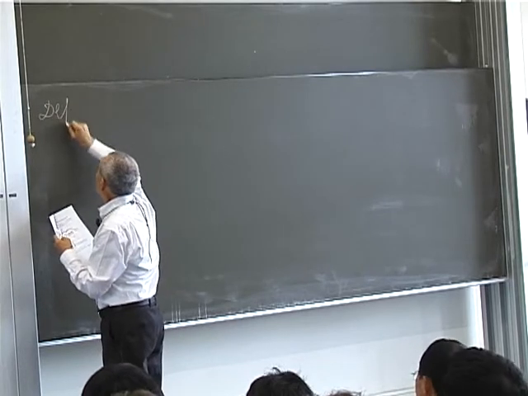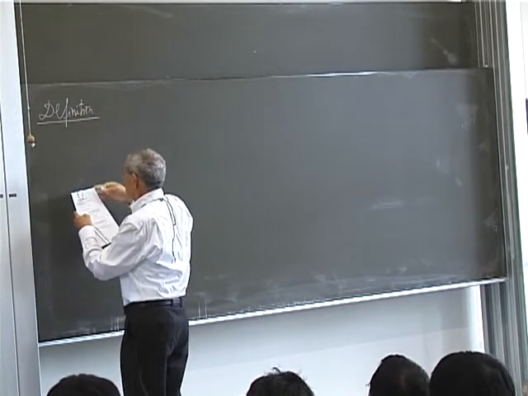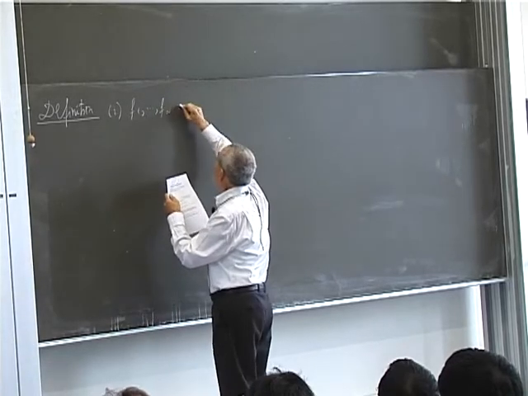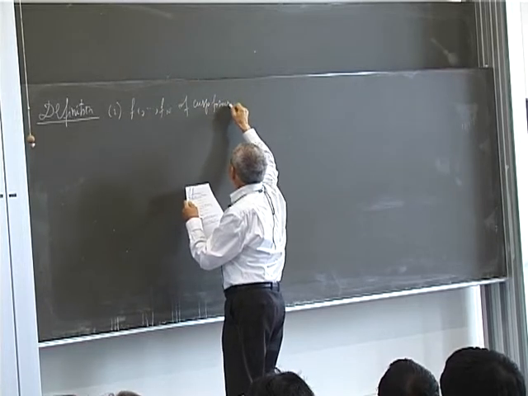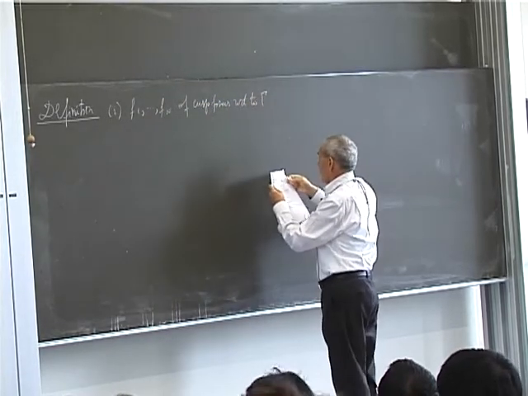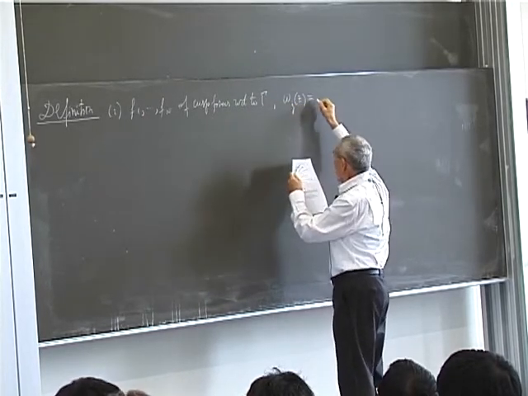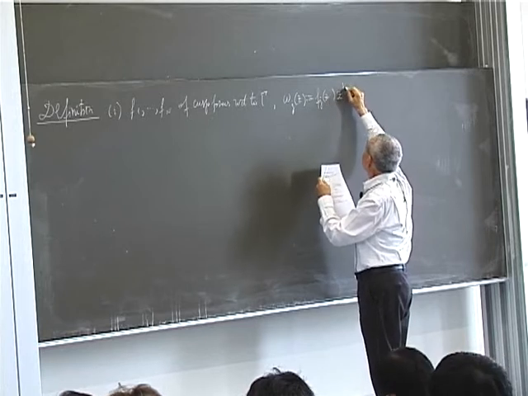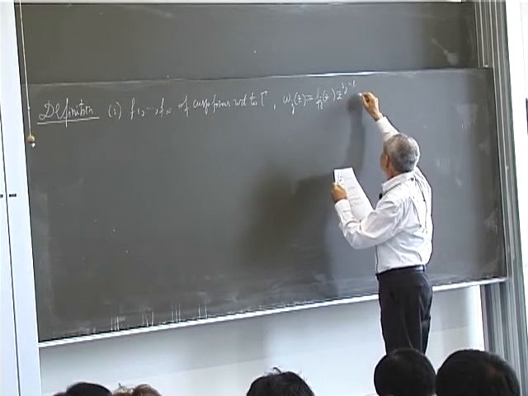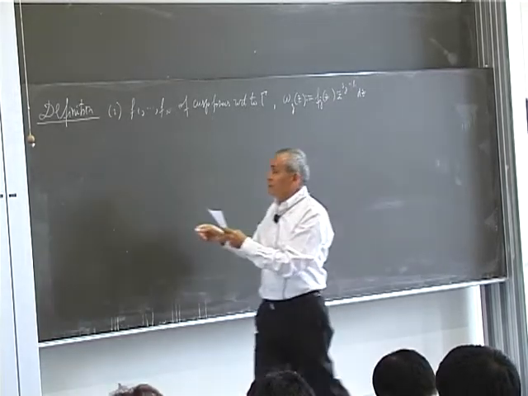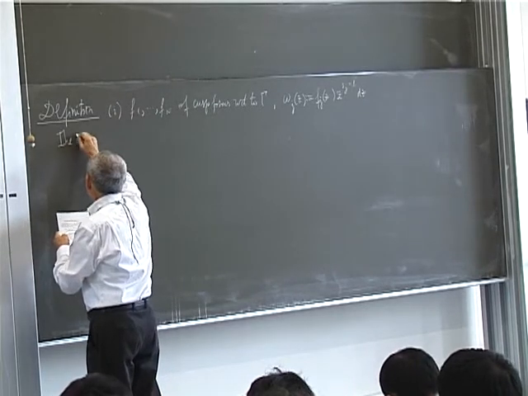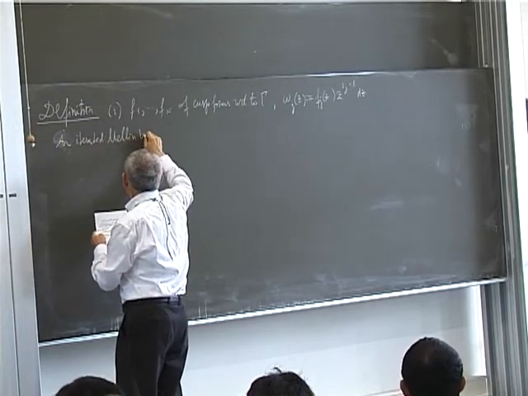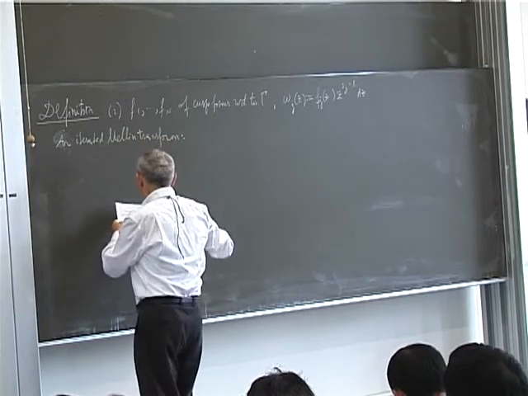So definition. Suppose that I have a finite sequence of cusp forms with respect to gamma. And then I have the sequence of one forms constructed out of it with various Manin arguments. And then the iterated Manin transform. It will be just an integral.